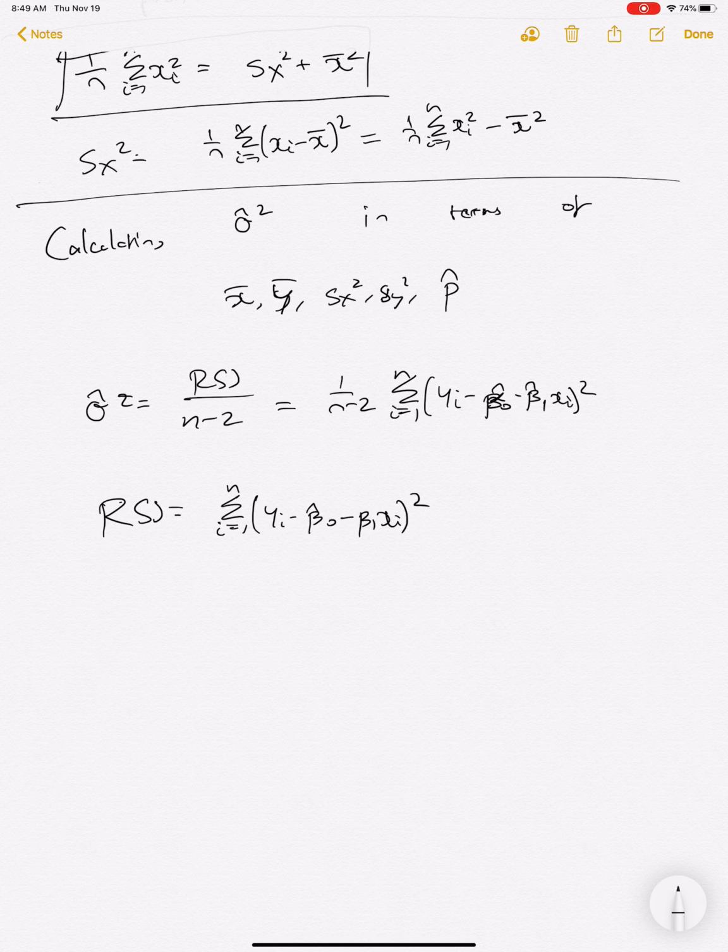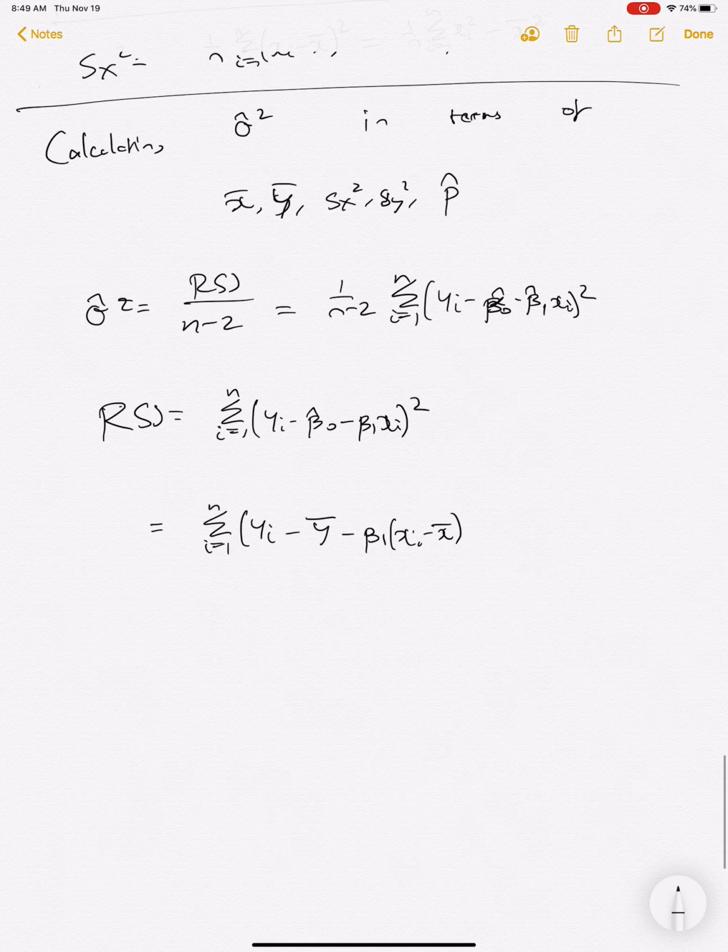So if we look at the residual sum of squares, how can we get that in terms of the quantities that we already know, these 5 summary statistics? The key step is you can add and subtract y bar and x bar. We're going to take that, and then subtract beta hat 1 times xi minus x bar, and then you can add and subtract them both back in.